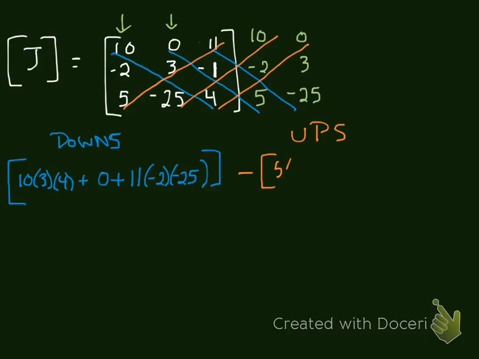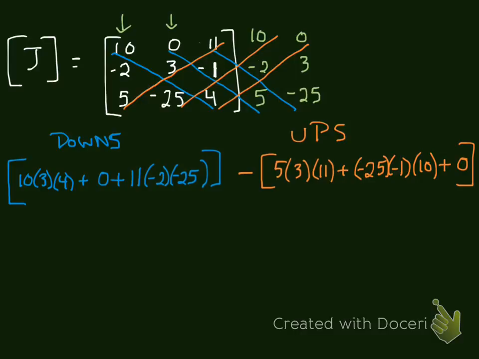So I have 5 times 3 times 11 plus negative 25 times negative 1 times 10 plus 4 times negative 2 times 0. So there's that 0 again. We can ignore the terms that have the 0 because when you add 0, you just get 0.